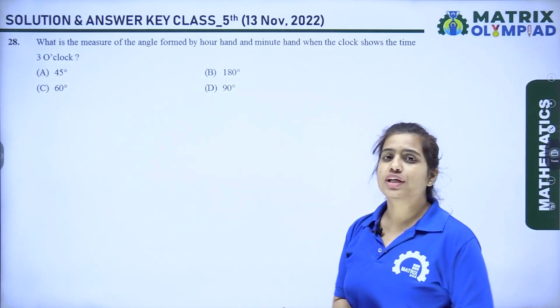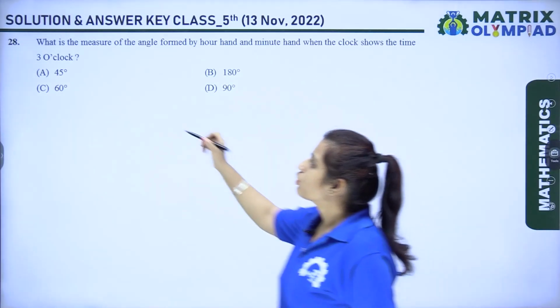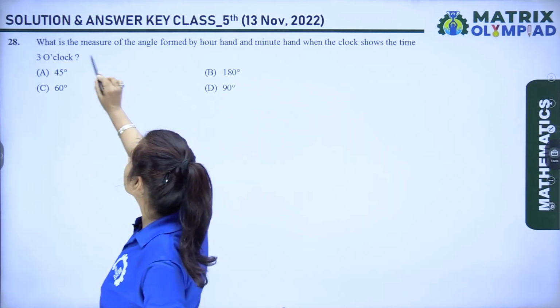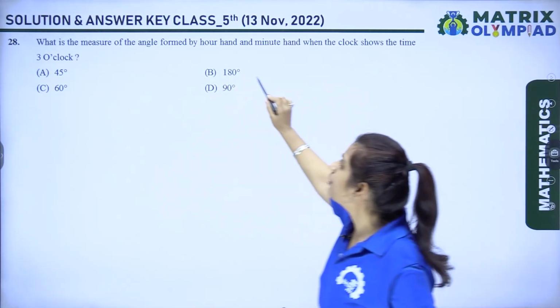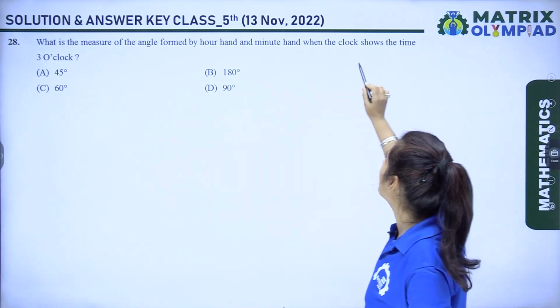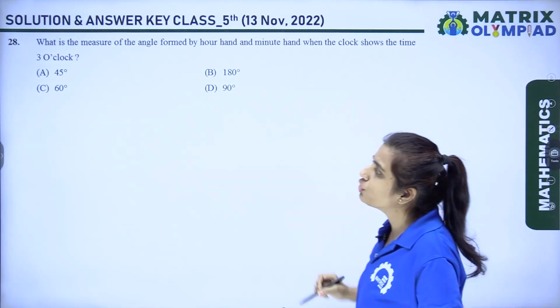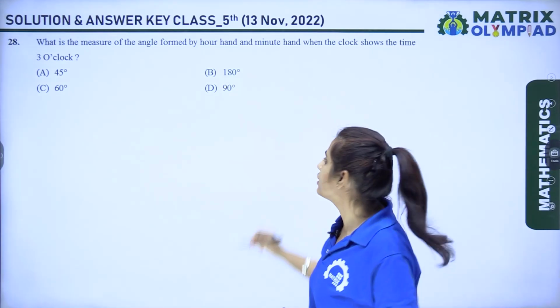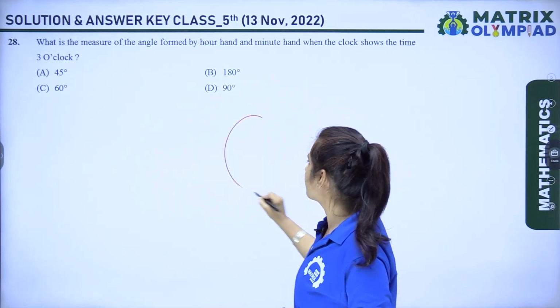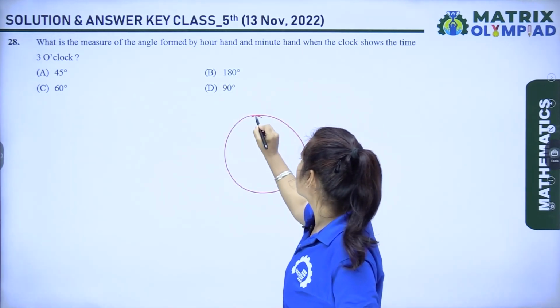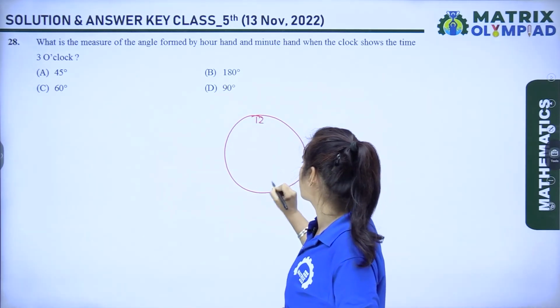Now the next question is question number 28. Question number 28 says that what is the measure of the angle formed by hour hand and minute hand when the clock shows the time 3 o'clock? We know that clock is in the circular shape. Let's draw a clock and it has 12 partitions.